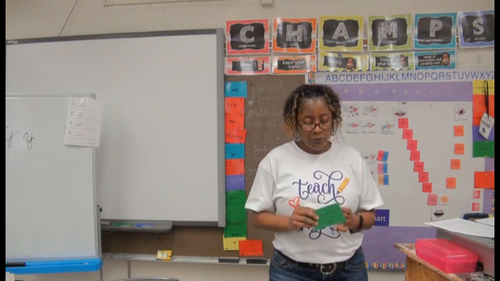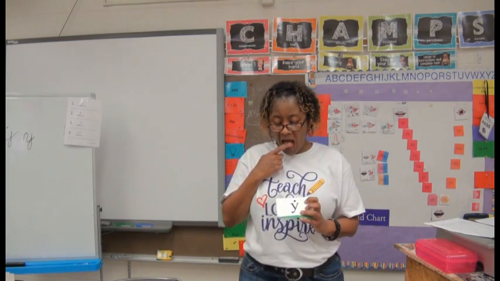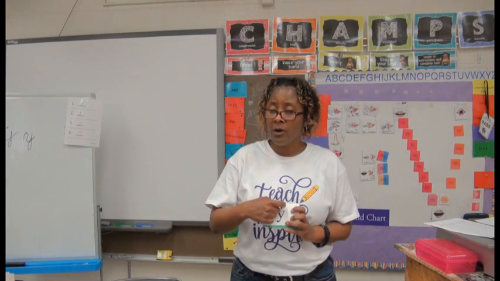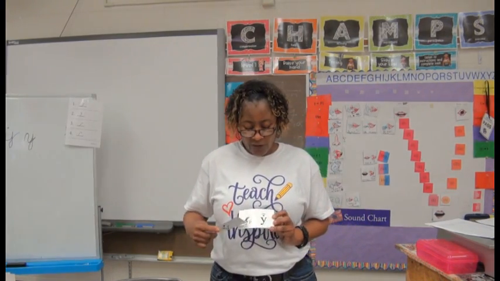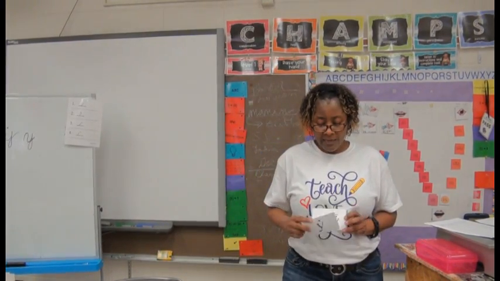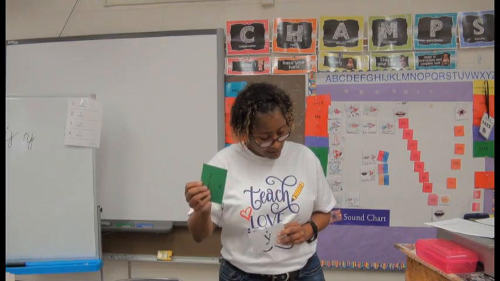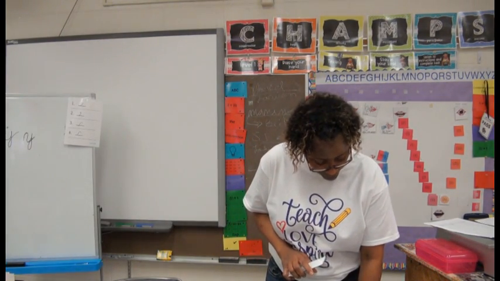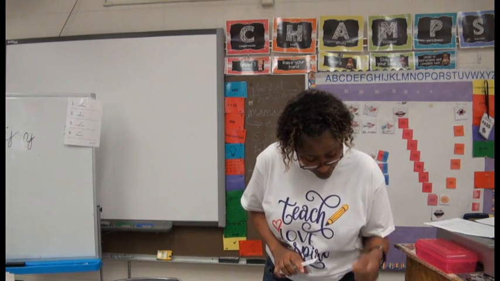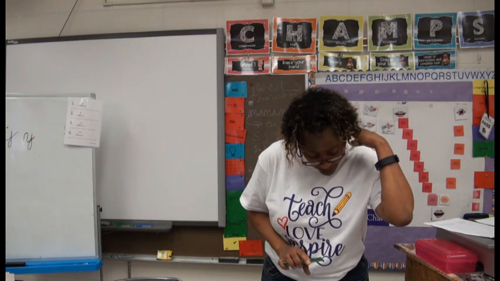So our new grapheme today is vowel Y, and that dot makes it a vowel Y. It shows you that it's a vowel. And then our key word is fly, and the sound is I, and it's regular for spelling. So we're going to look at it. I'm going to name the letter, and I'm going to give you the sound.